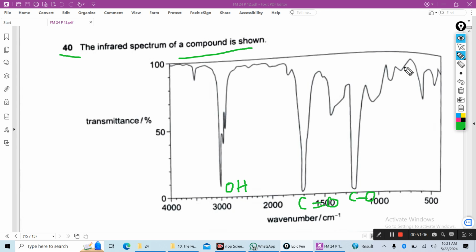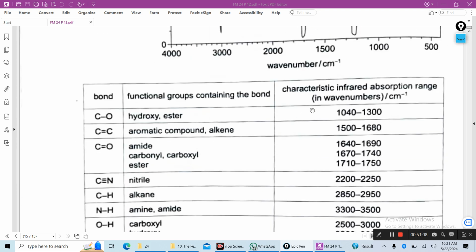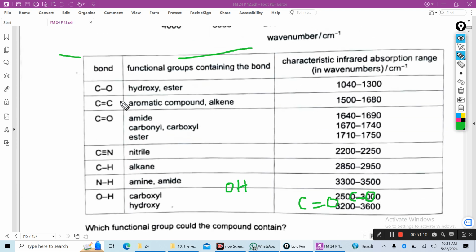So it will be a carboxylic acid. Values are given. C-O hydroxyl has one peak, and C=O carbonyl, carboxylic acid, has these values of peak, and OH carboxylic acid has these 3 peaks.